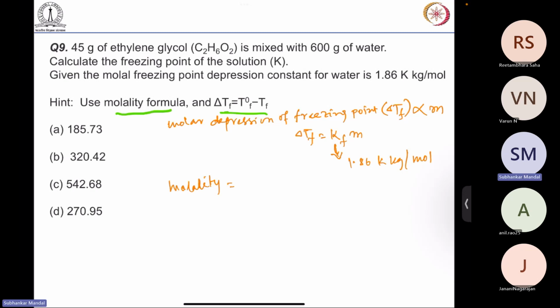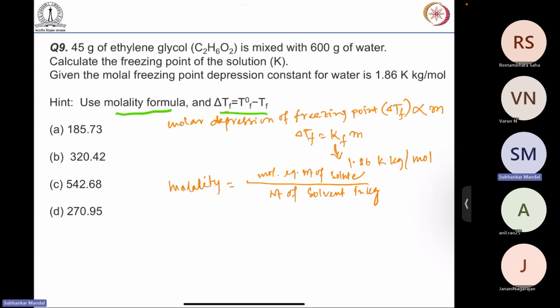It is the number of moles of solute, that is the weight of solute divided by its molar weight, over the weight of solvent in kg.